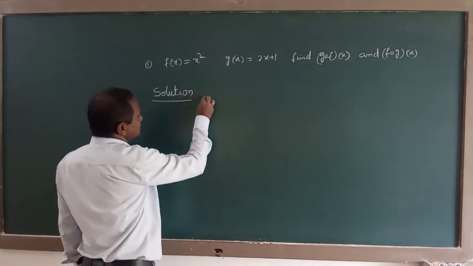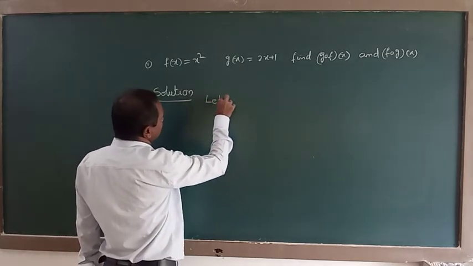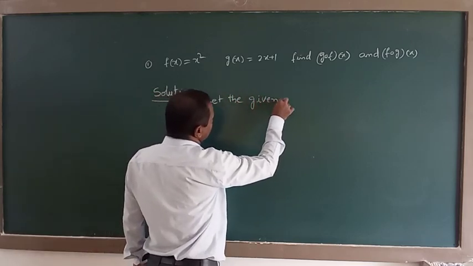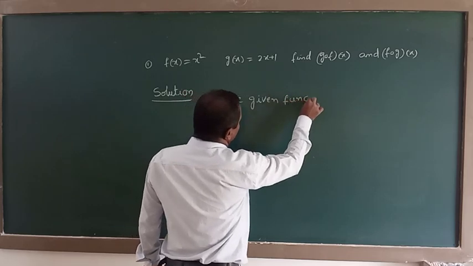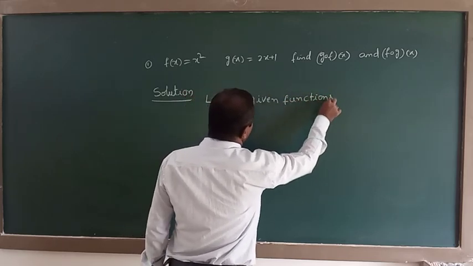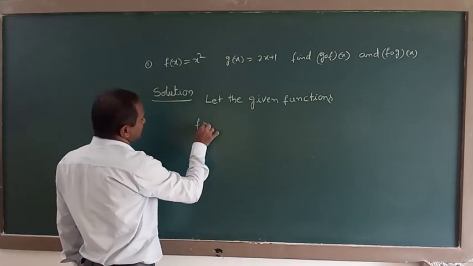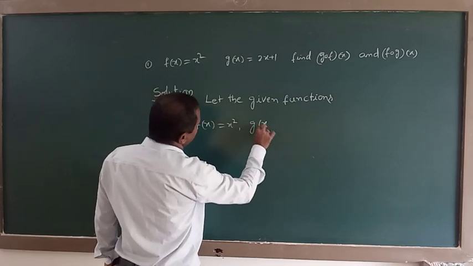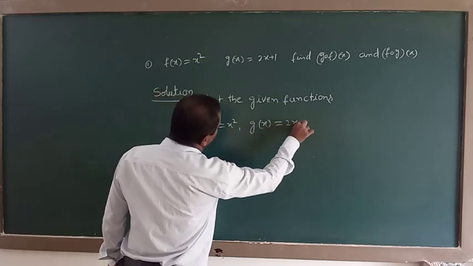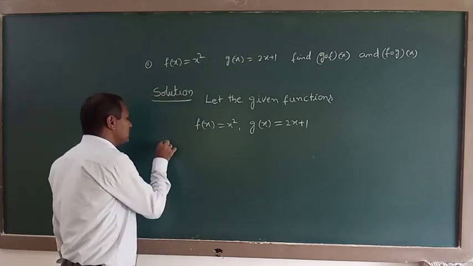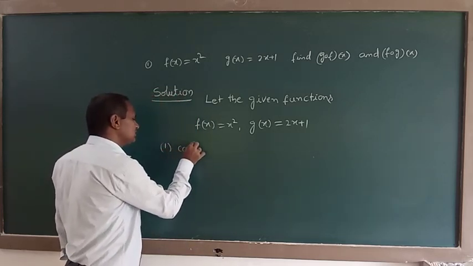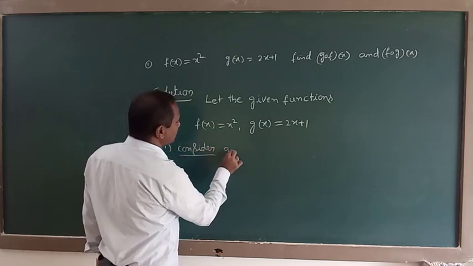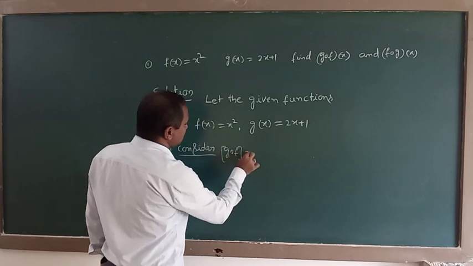Let the given functions be f of x is equal to x square, g of x is equal to 2x plus 1. First question, consider g circle f of x.